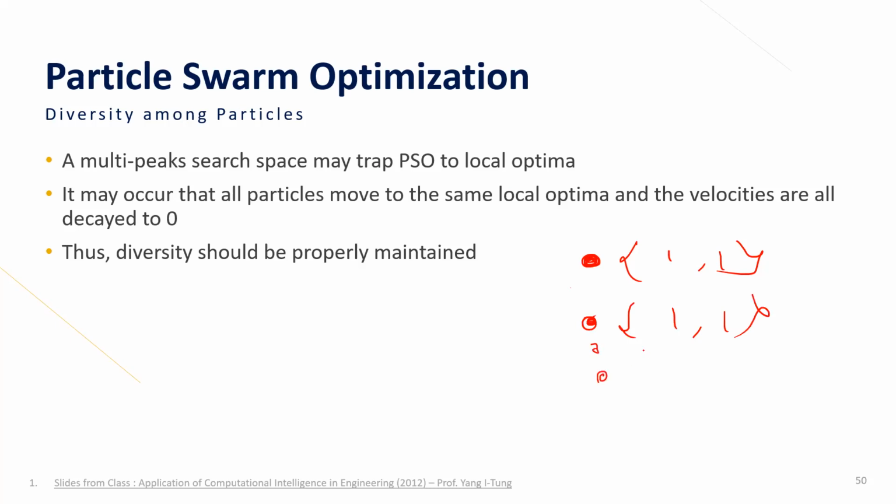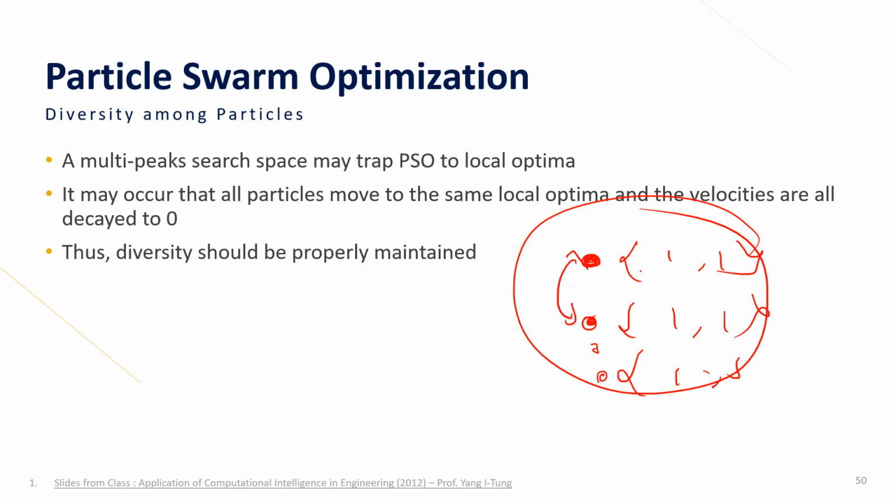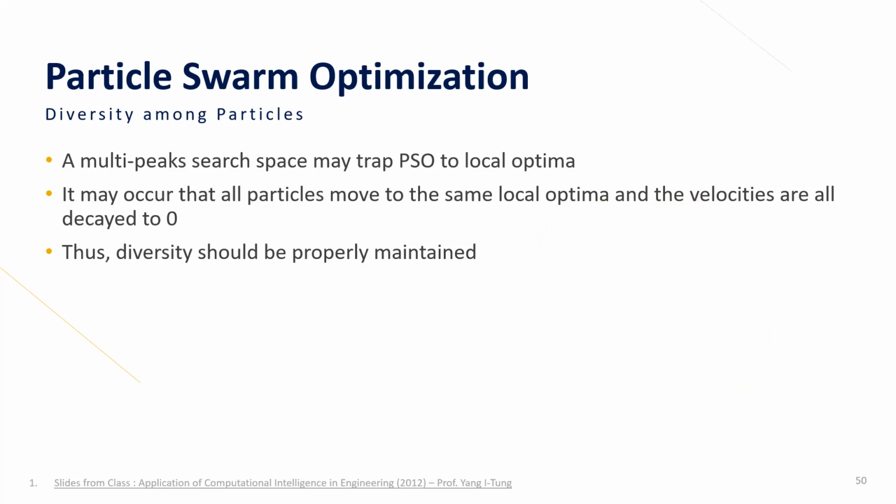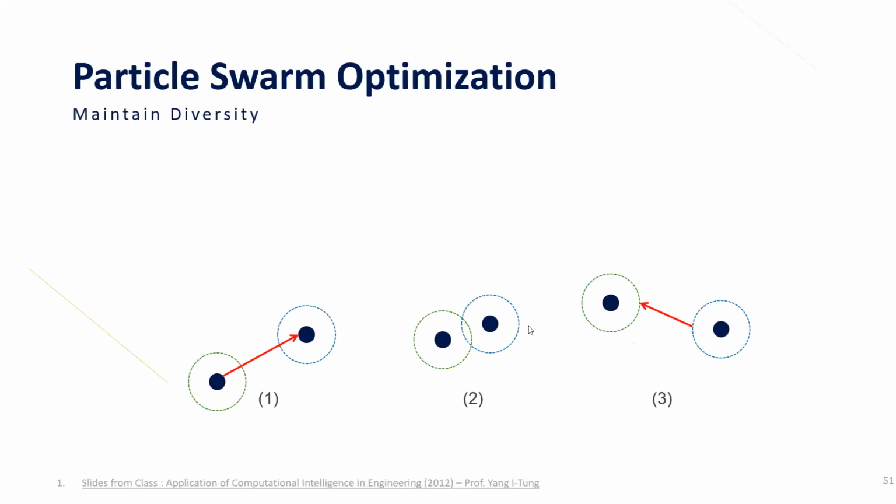If all are the same like this, when you exchange information, there is no improvement you can get. They will give you the same information: the best that I found is this one, the global best is this one. So there is no diversification. You need to be able to explore more, so you need diversification in your algorithm.